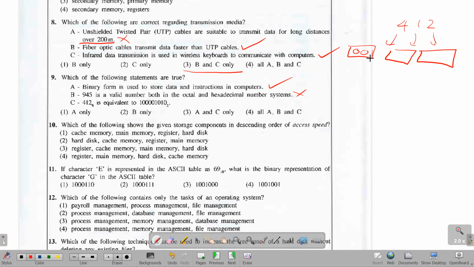So 4 can be written as 1 0 0. Each and every group has a place value. So 1, it is 0 0 1. 2, it's 0 1 0. So 1 0 0, 0 0 1, 0 1 0. Yeah, that's correct, right? Yes, this is correct. So A and C.